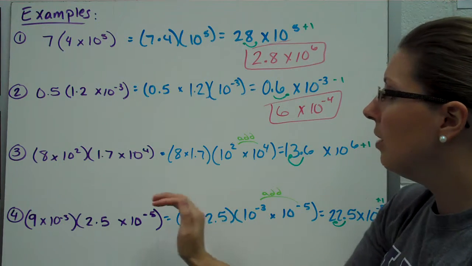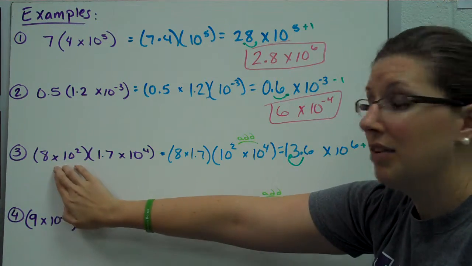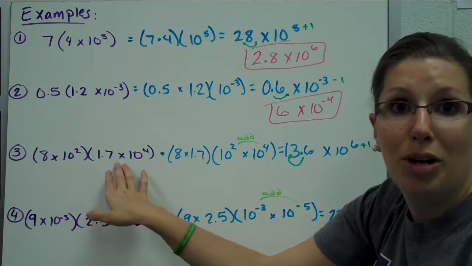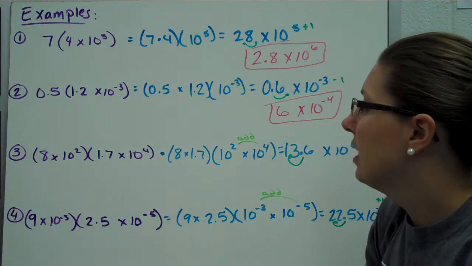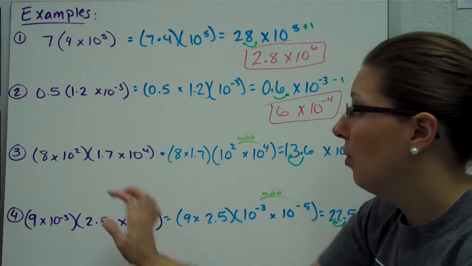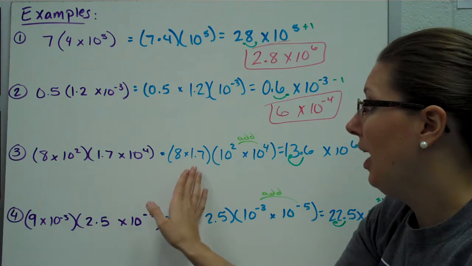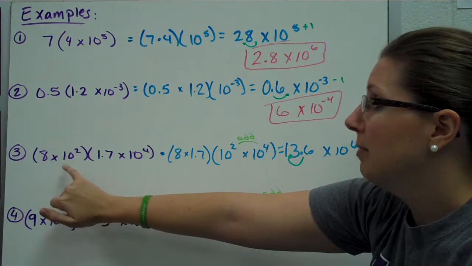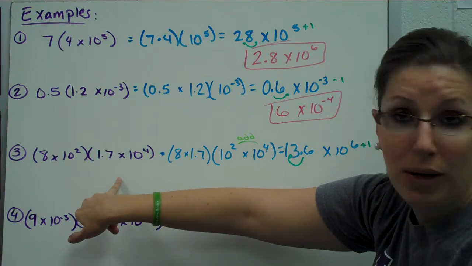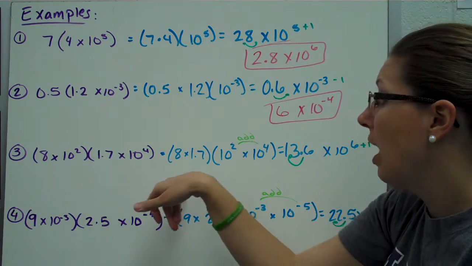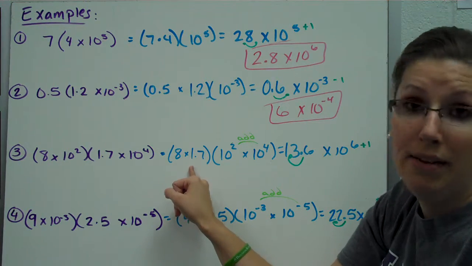All right, here we've got a number in scientific notation times another number in scientific notation. So I'm going to do the same thing. I'm going to regroup what I'm multiplying. So instead of 8 times 10 squared times 1.7 times 10 to the 4th, I'm going to multiply 8 times 1.7.